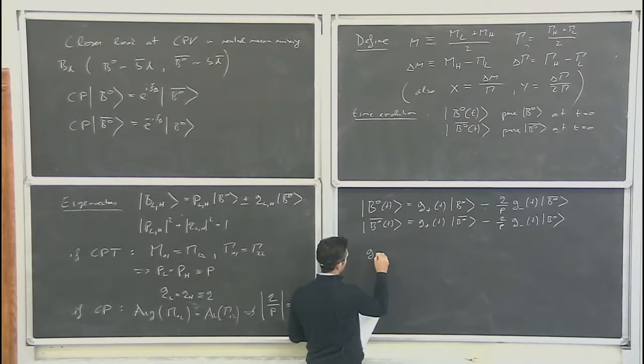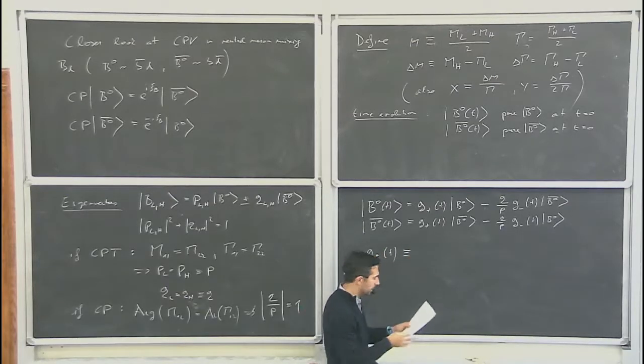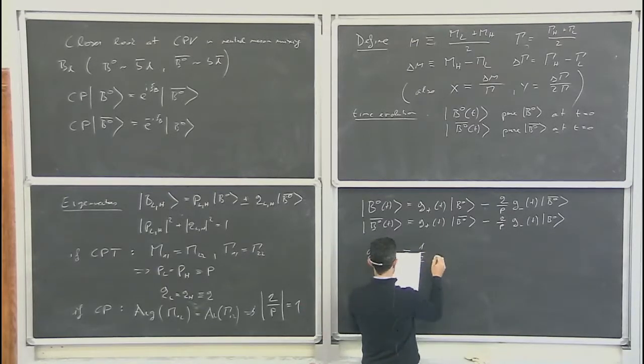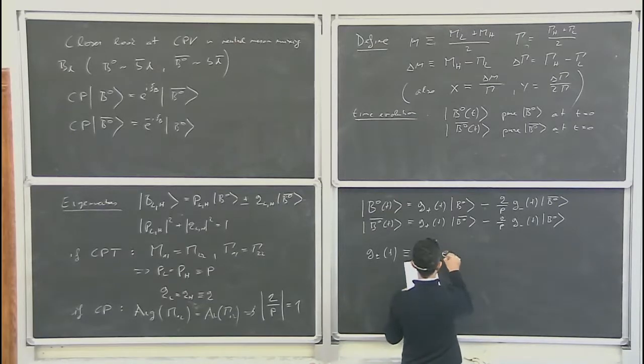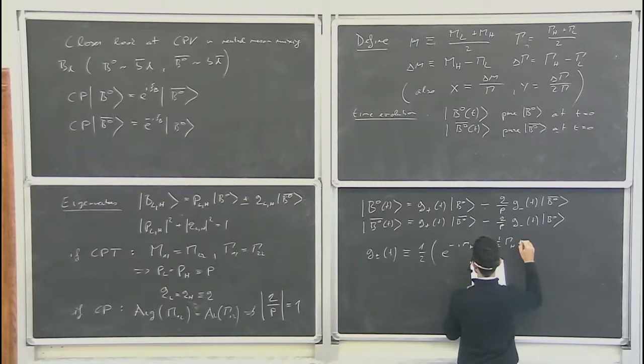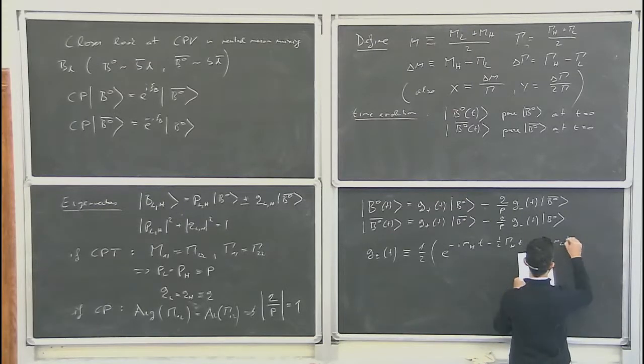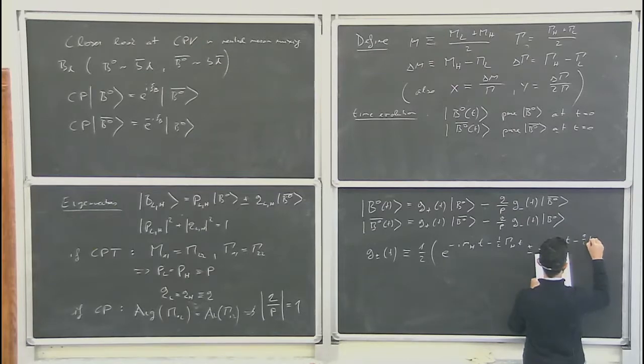And both g plus and g minus time evolution functions can now be written out in terms of measurable quantities, and they are defined as 1/2 times e to the minus i m_H t minus 1/2 gamma_H t, plus or minus e to the minus i m_L t minus 1/2 gamma_L t.